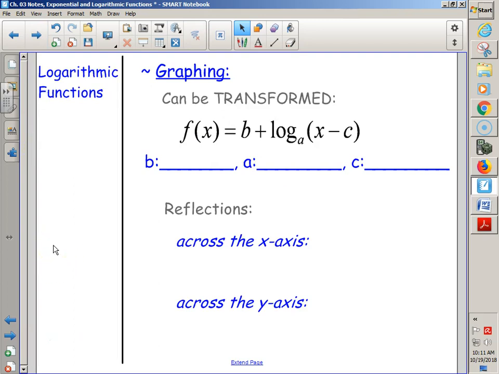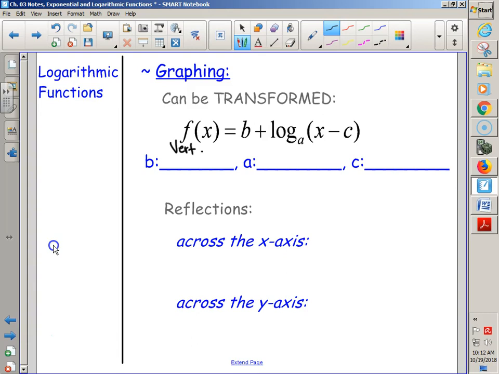But let's talk about, just like we did with exponentials, a parent function. Stuff can change. It can be transformed. I didn't do all the possible transformations, but here are a few, just like with exponential. We can be adding on the outside of the logarithm, aka vertical. What kind of transformation is adding? I'll give you a second to get down the basic transformed logarithmic function. In Algebra 2, you would have called them g, because your original would be f.